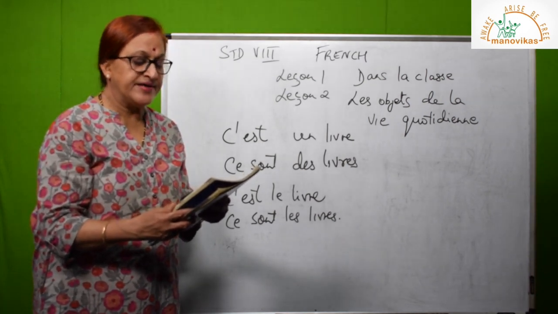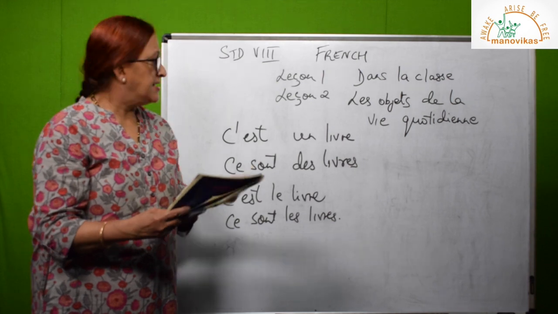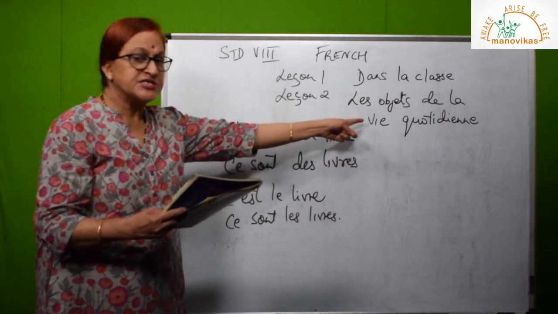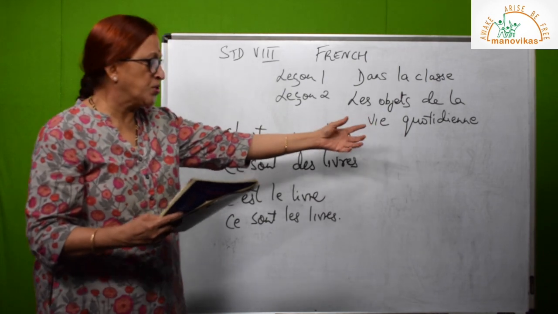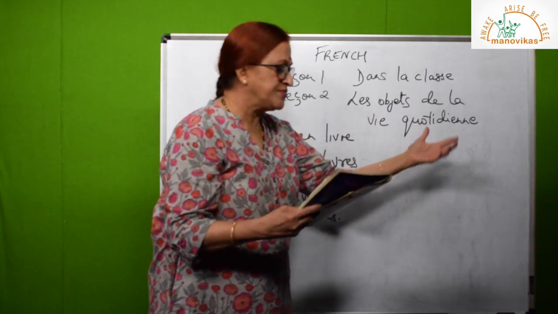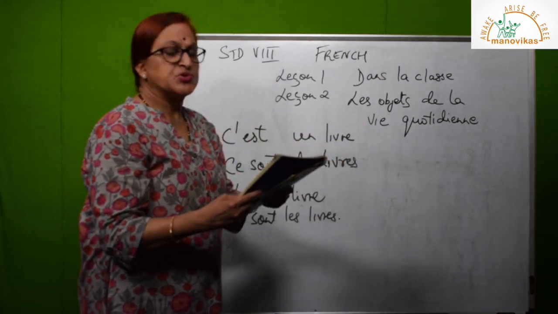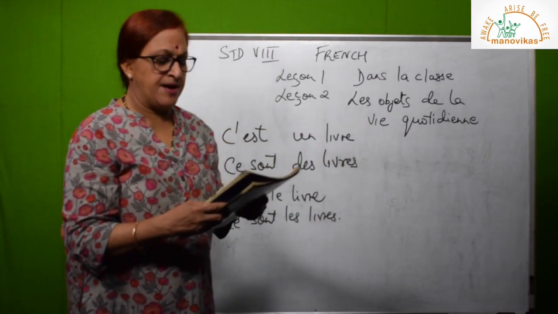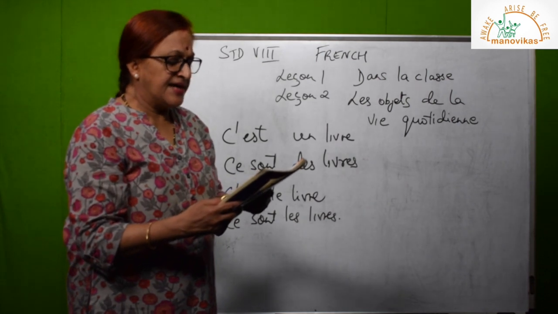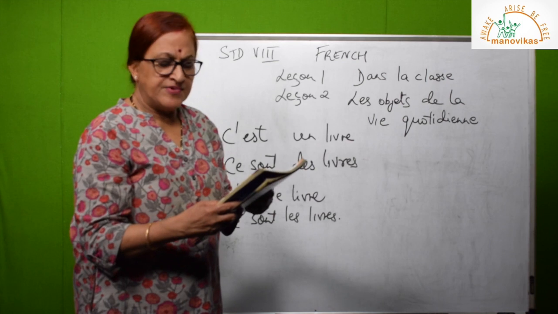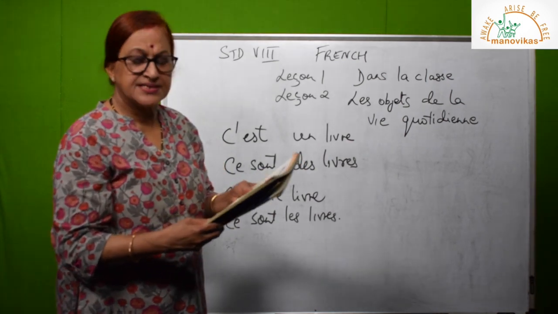Les objets de la vie quotidienne means objects of everyday life. Quotidienne means daily, what we require day to day. Vie is life. So we will be learning some more vocabulary. Les articles indéfinis au pluriel, de et la négation will be done later on.